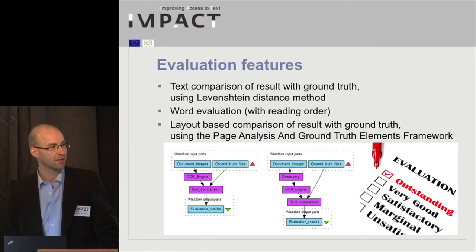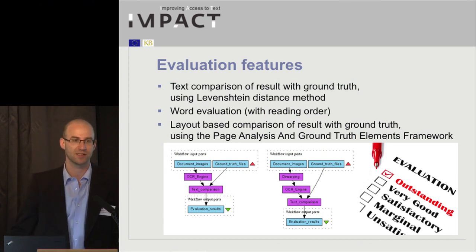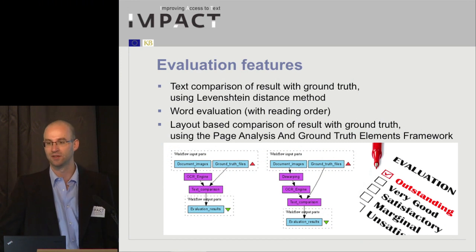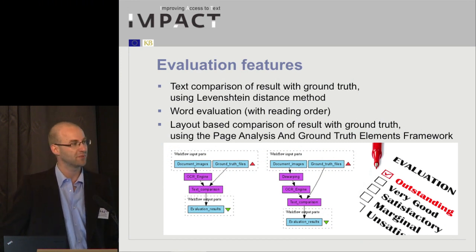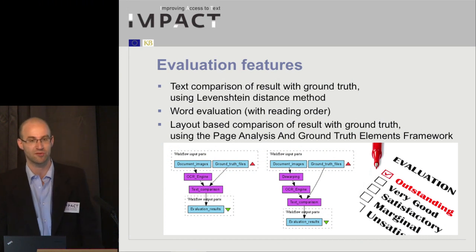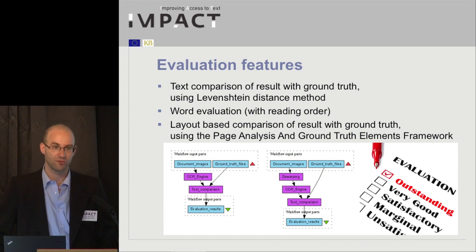Yeah, so one thing that has proven most interesting within Impact is really to evaluate these different combinations of tools. And Stefan, who is the next speaker, will say more about the evaluation capacities and the features that we have there, also about the ground truth. But we have basically three tools for evaluation implemented within that framework.